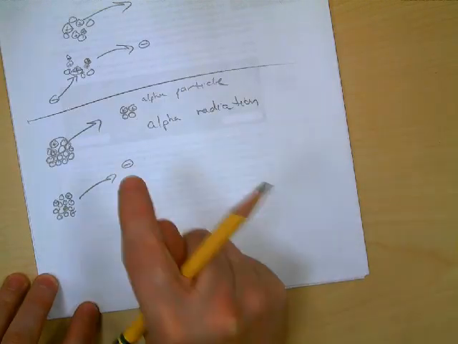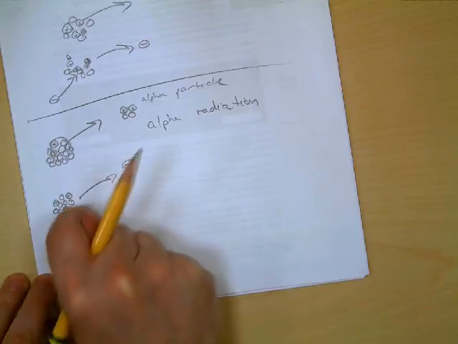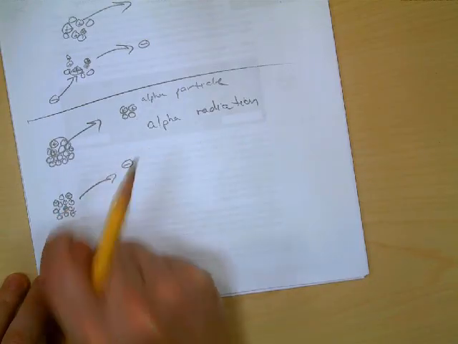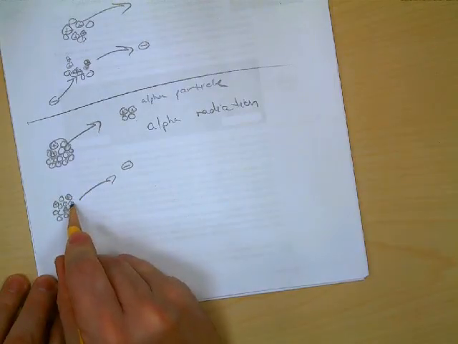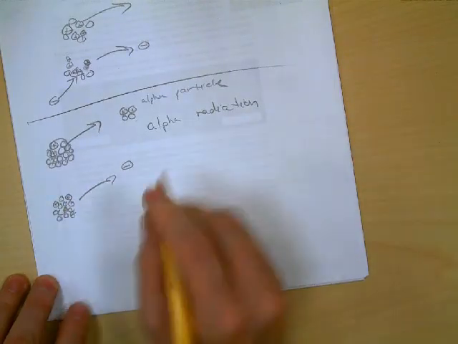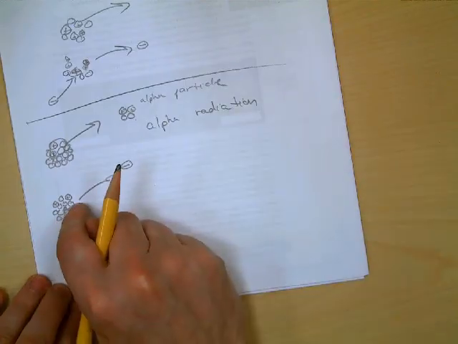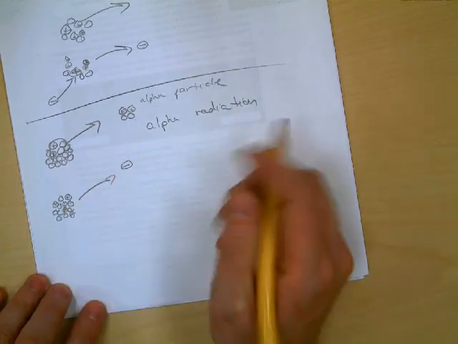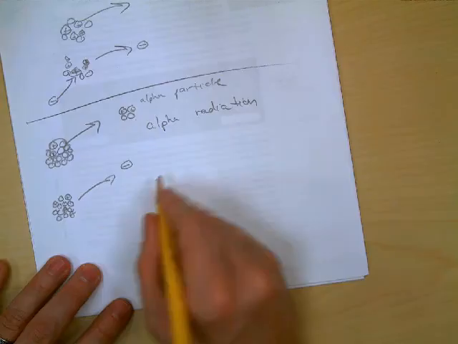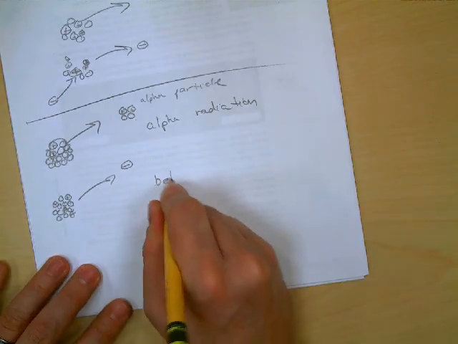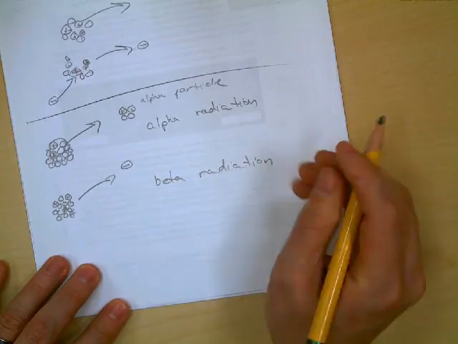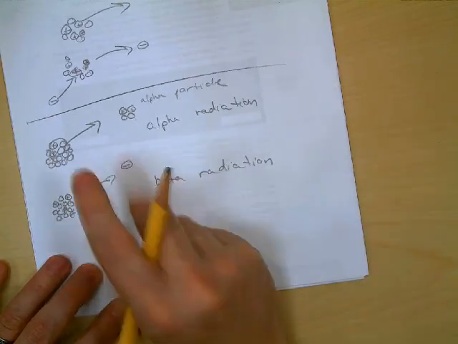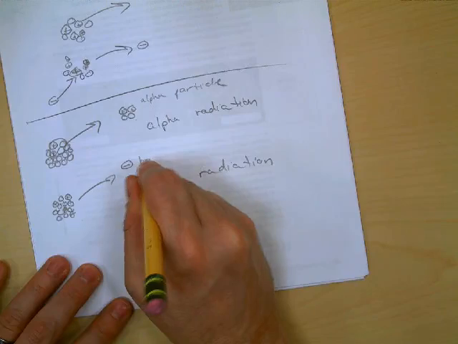Now, it's not technically an electron because it came from the nucleus, right? And electrons are not in the nucleus by definition. But if it did, it would then create a new proton in its place, right? Taking a negative away from a neutral turns it into a positive. And this is referred to as beta radiation. I know it looks like an electron, but we often call it a beta particle.